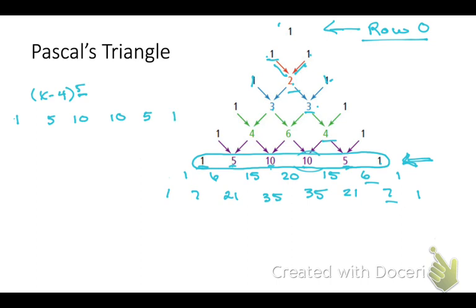Now, if you notice, for any even-numbered row, how many terms are in the row? An odd number. And for any odd row, there is an even number. Okay? So those are my coefficients.